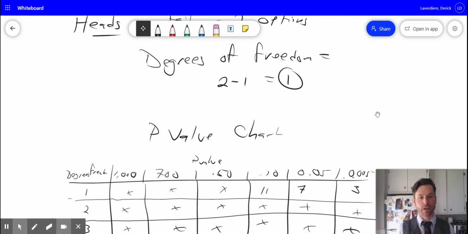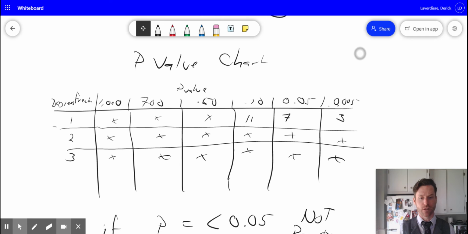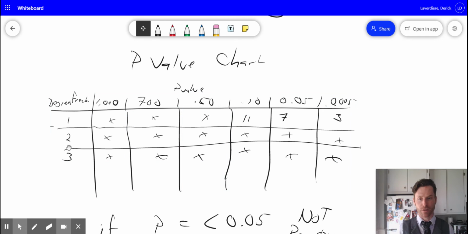So I got my make-believe p-chart here. In real life, you'd look one up and it'd be prettier than this, but this is how it's set up. You have your degrees of freedom on this side, your y-axis. Your x is going to be your p-value, and then inside the chart are your chi-squared values. I'm going to my degree of freedom of 1, and I'm going to scroll through until I find where 4 would be placed.